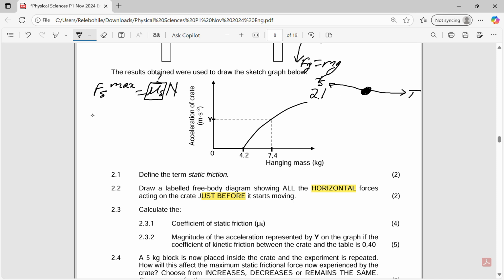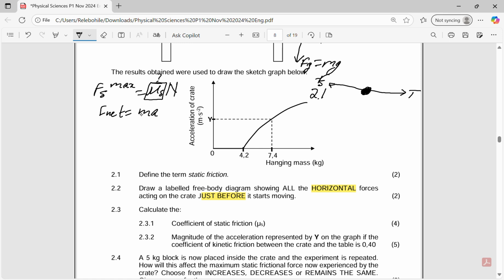Remember, when we are calculating a certain force, we normally say F net is equal to MA, right? That's what we normally say. But in this case, guys, we want our F net to be equal to 0. Why are we having our F net being equal to 0?